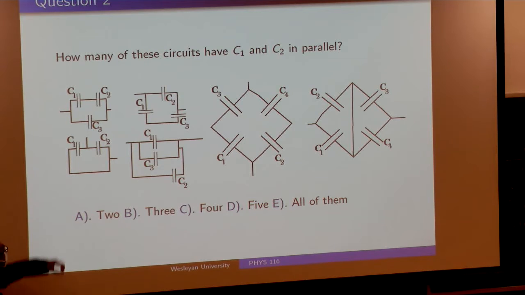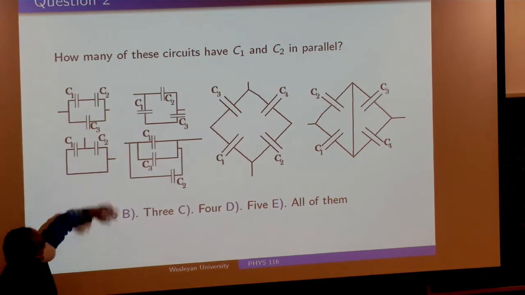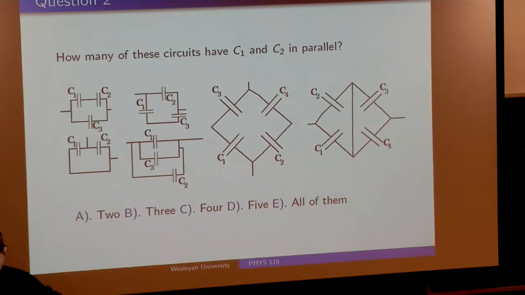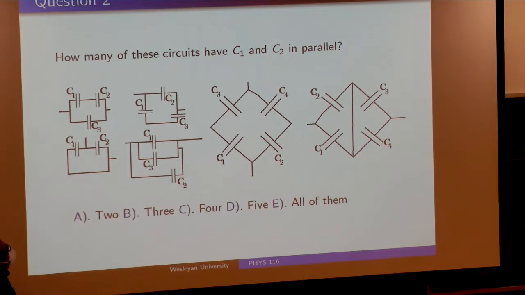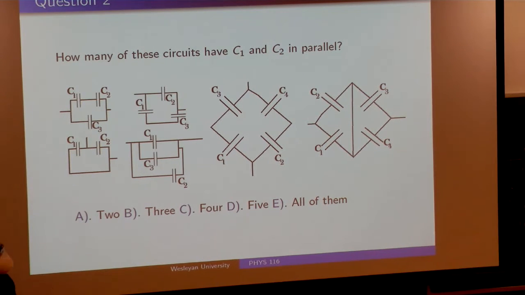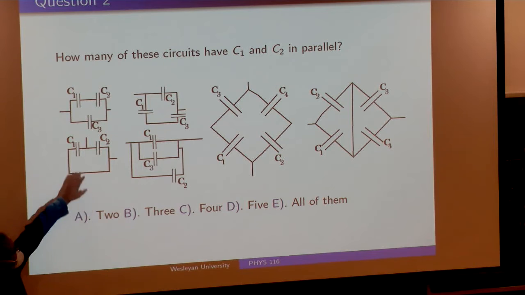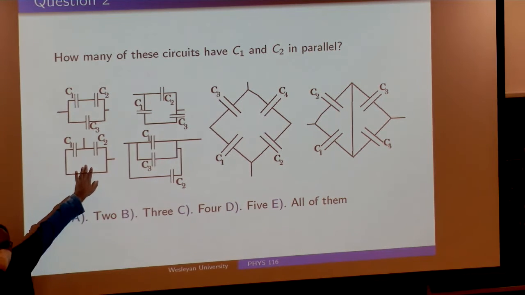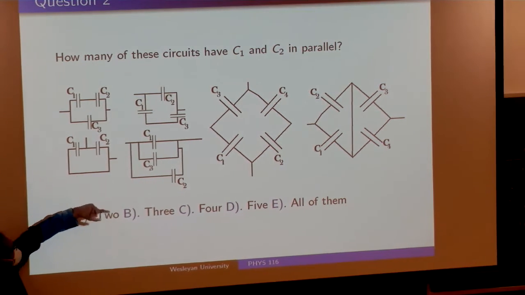So let's take them one by one. This one, top left. Yes, no, no. Okay. It's sort of clear that C1 and C2 are in series over there. What about this one? Yes, that is correct.